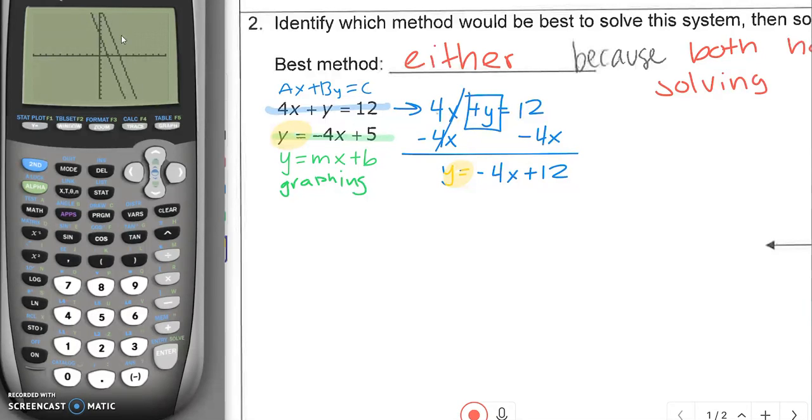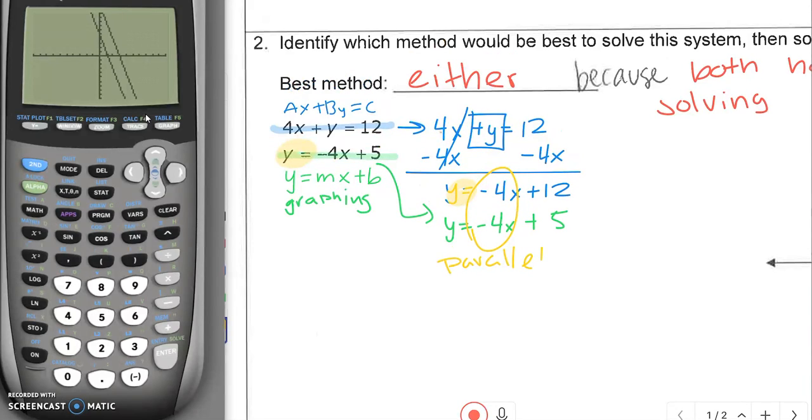Okay, notice they are parallel. Both of these equations have negative 4x. The other one is y equals negative 4x plus 5, which means they are parallel. And do parallel lines ever intersect? No, which means this one has no solution.